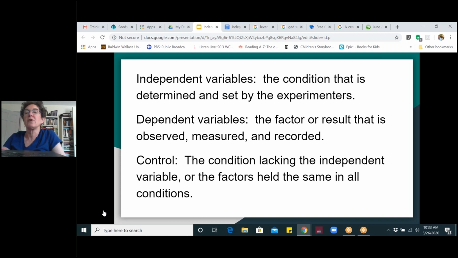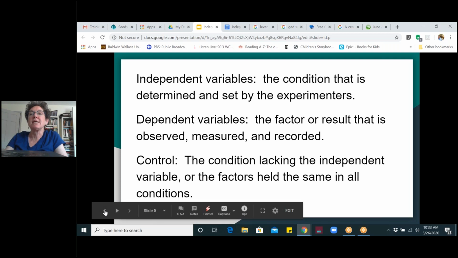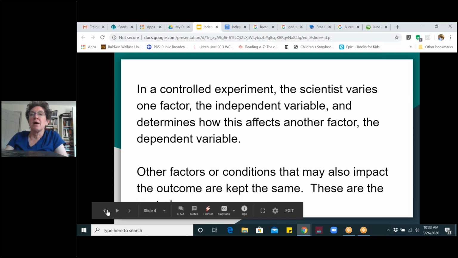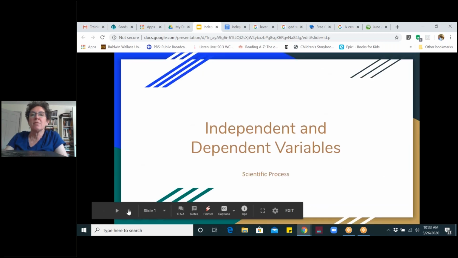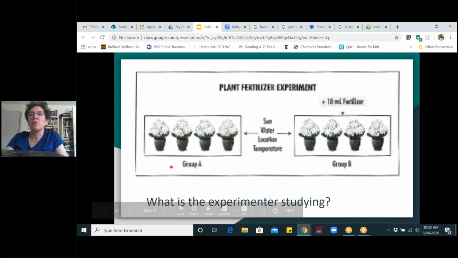Okay. Beautiful. Let's go back to our flowers. Group A was the control group. So it had everything that group B had.